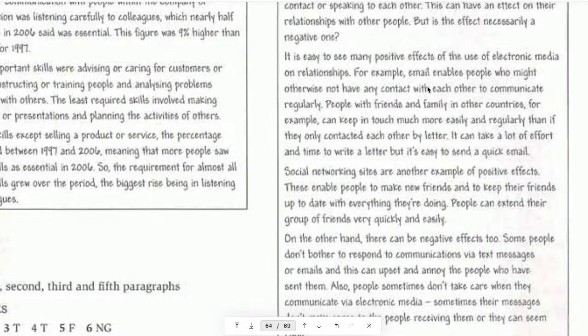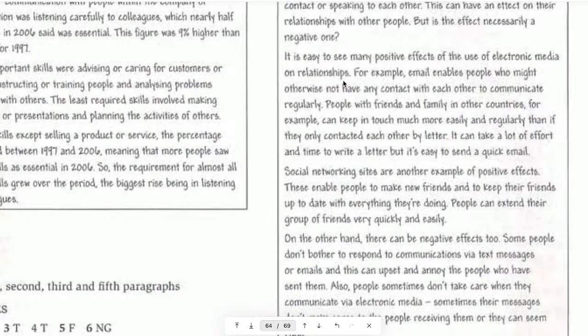Okay, stop right there. Stop right there at the first sentence. You see, they say it is easy to see many positive effects of the use of electronic media on relationships. By reading the first sentence only, can you guess what this person is about to write in this paragraph?